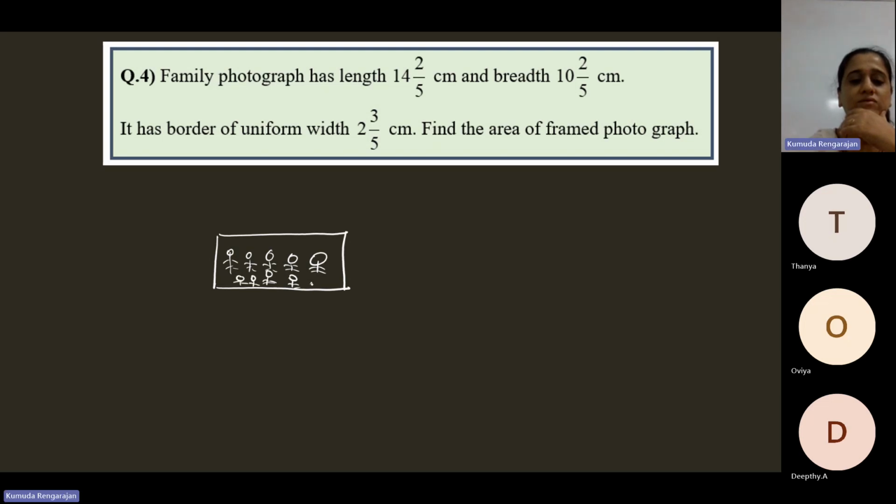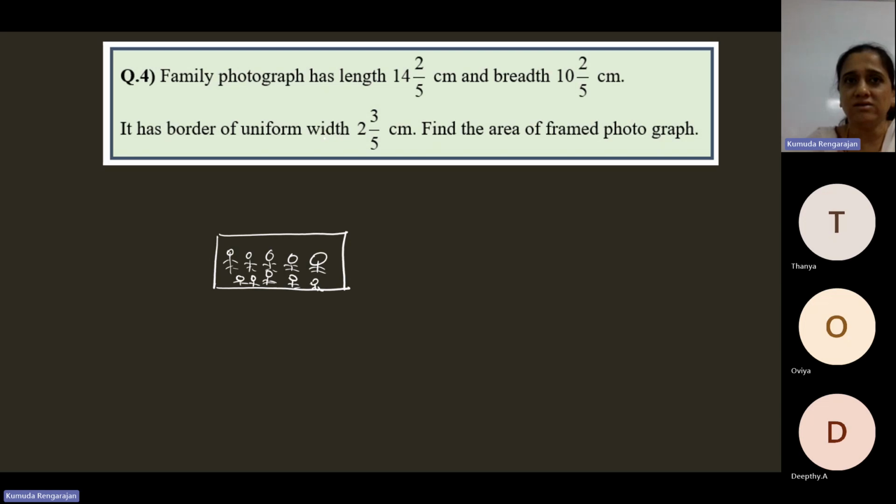So this is the photograph, that thick paper thing, say postcard size. Now this is framed, and the border of the frame is of width 2 3 by 5 centimeters.